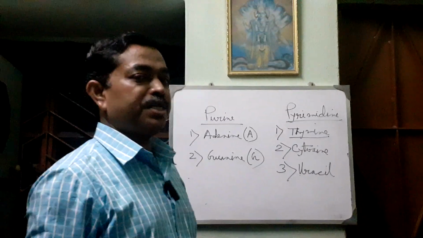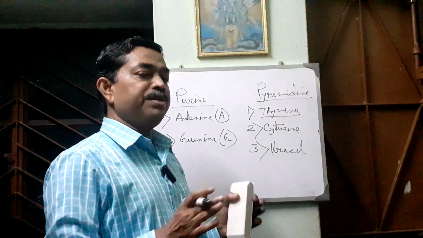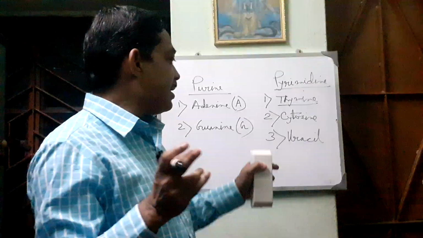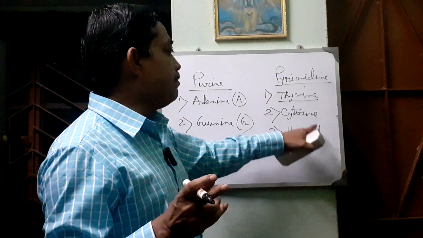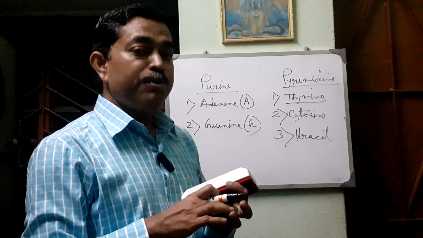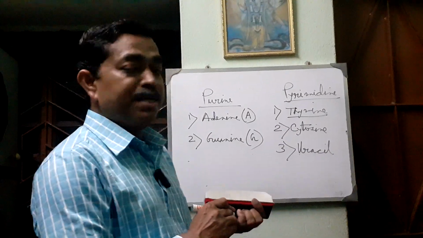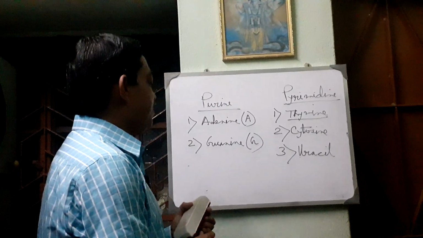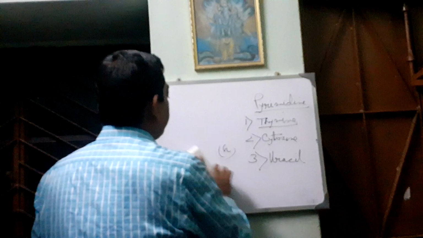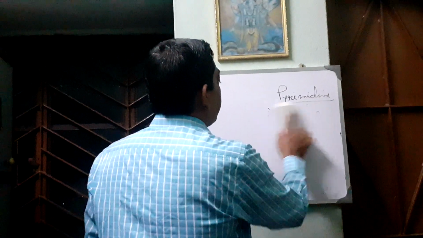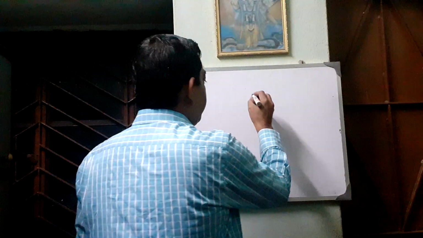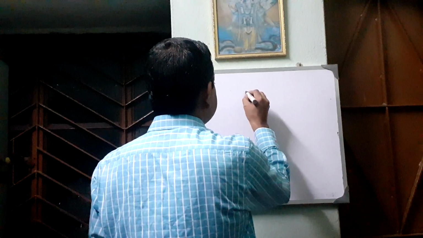This is another difference between RNA and DNA: ribose versus deoxyribose sugar, and uracil in place of thymine in RNA, while DNA contains thymine. Now, for example, I will show one purine base structure and one pyrimidine base structure so you will understand it better. A purine base, adenine, will look like that.